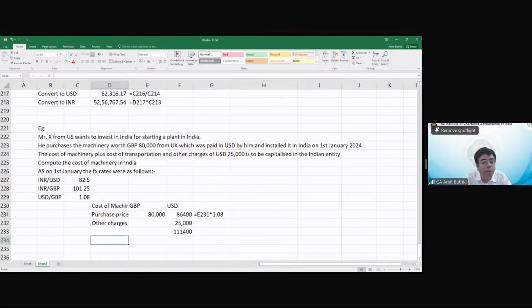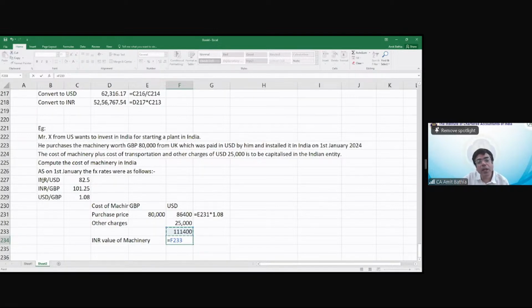So in India you will capitalize in what value? INR value of machinery will be how much? Equal to 1,11,400. You have INR to USD rate available. Multiply. Are you going up the ladder or down the ladder? Yes, you are going up the ladder, right?